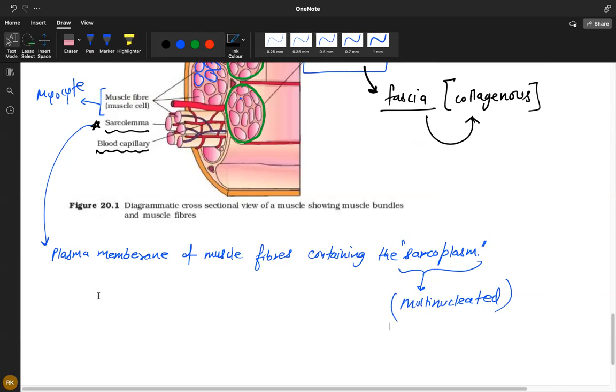So their sarcoplasm contains multiple nuclei, and you can understand why, because the nucleus is very important along with mitochondria for regulation of a lot of activities, especially energy production related things, right? And for gene expression. So more protein formation, more genes have to be expressed, more wear and tear.